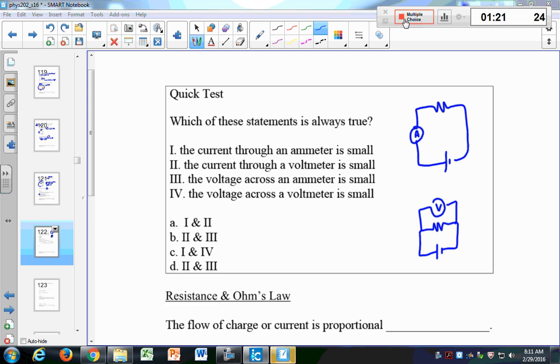There is a relationship, which we'll get to in just a second, between the voltage, the resistance, and the current, and it looks like this. V is equal to I times R, where the voltage across a certain device is equal to its current times its resistance, and the current is the voltage divided by the resistance. That's called Ohm's law, and it describes the relationship between the voltage, the current, and the resistance.